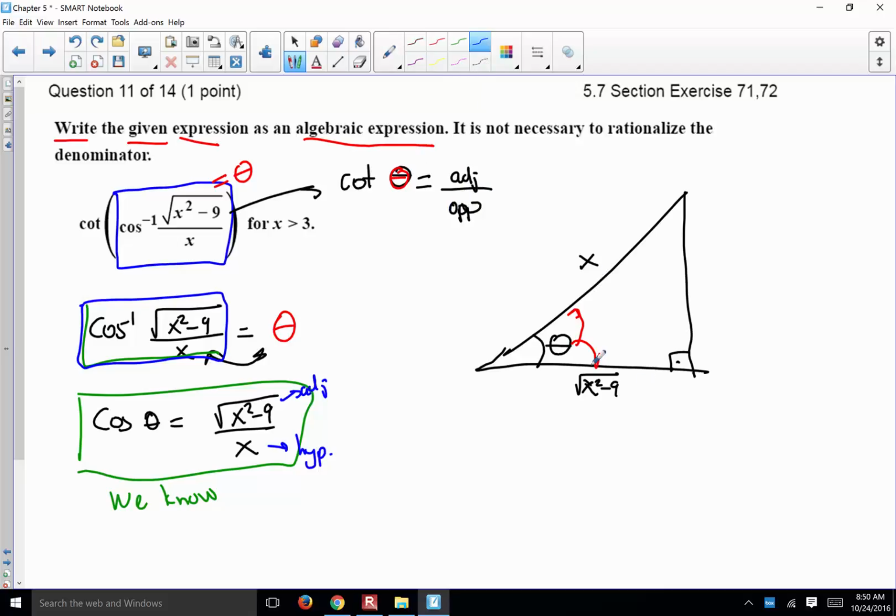Do we know the adjacent one? Yep, I do. That's root x squared minus 9. Do I know the opposite? I don't know it. So how can I get this opposite one?